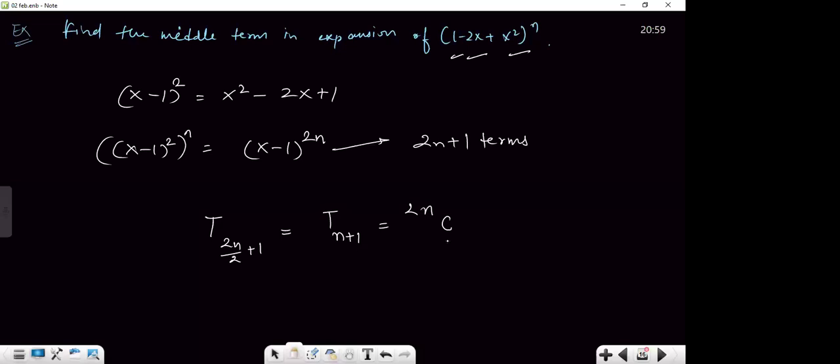And now we have to find the n plus 1 term, so we'll take r as n: 2n C n into x raised to power 2n minus n into minus 1 raised to power n. So this is the middle term. This will all depend on the value of n. This is our answer.